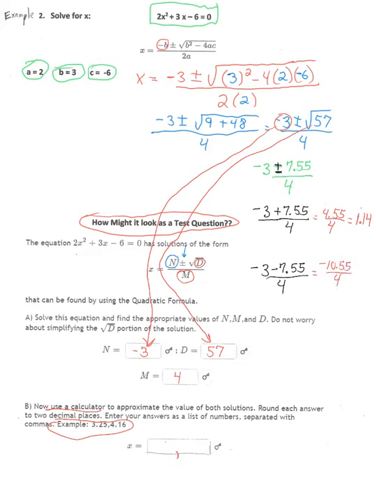That answer turns out to be -2.64. So there are our two answers in decimal form. And guess where they go? They go down here at the bottom. What they'd be looking for in your answer is 1.14, separated by a comma, -2.64.